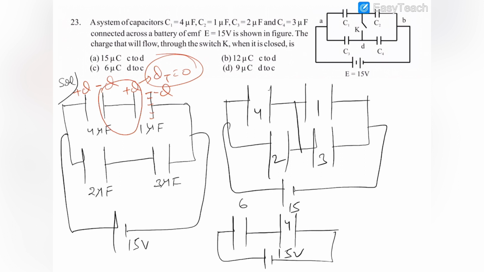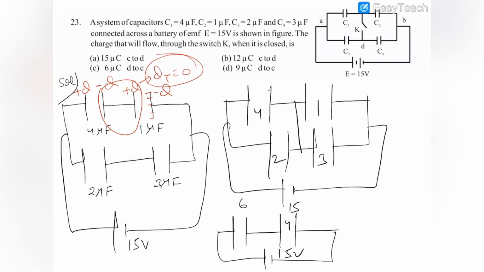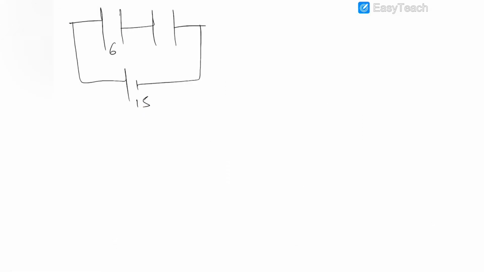Now we can apply the voltage divider rule in series combination, and we can say that this is 6 and 4, this is 6 and 4. So this is 4. So let us assume that this is V1 and this is V2. So by voltage divider rule, we can directly say that the ratio of these 2 capacitance is 6:4, which is C1 upon C2 is 3 by 2.